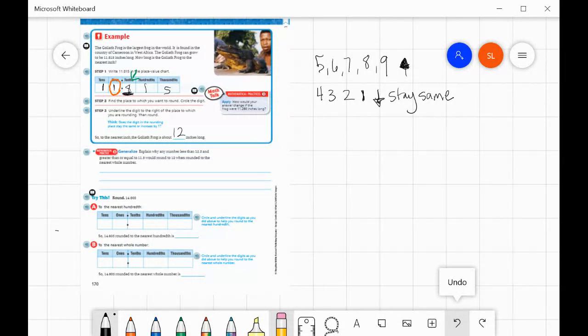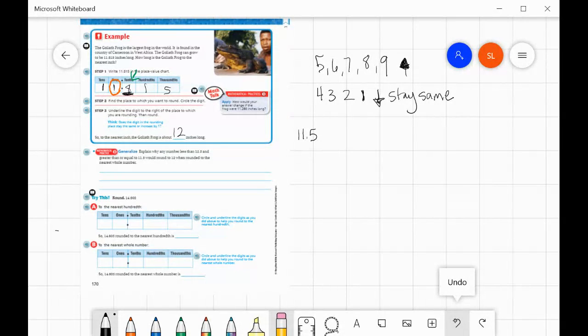Explain why any number less than 12.5 and greater than or equal to 11.5 would round to 12 when rounded to the nearest whole number. So if I'm thinking about this, we're talking about 11.5 up to 12.